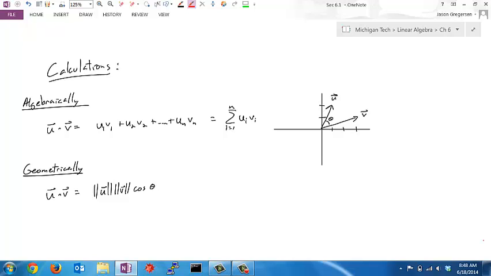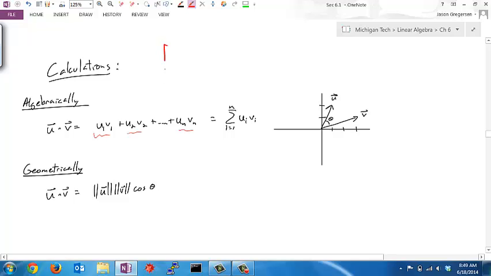All right, algebraically, the vector u dot the vector v is the product of the components all added together. So u, the first components, that product, plus the product of the second components, plus dot dot dot to the product of the last components. Right?